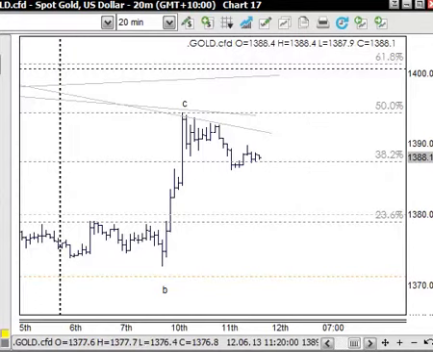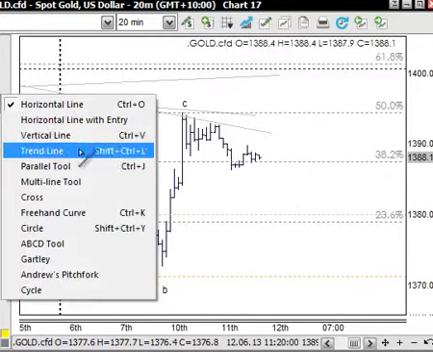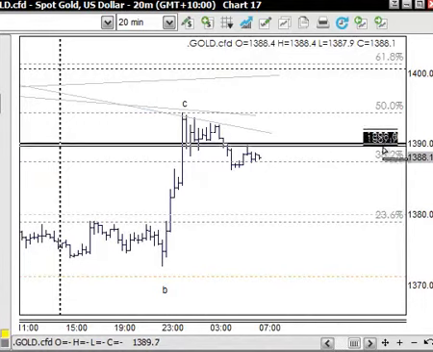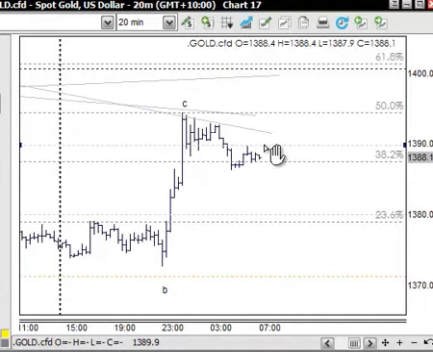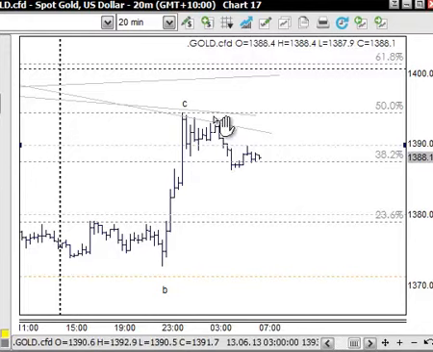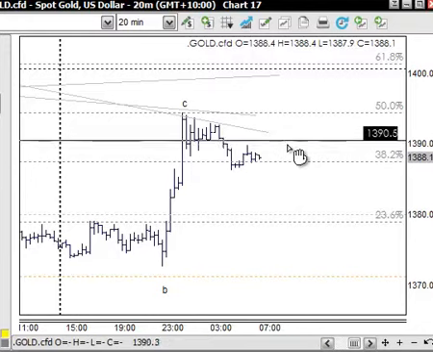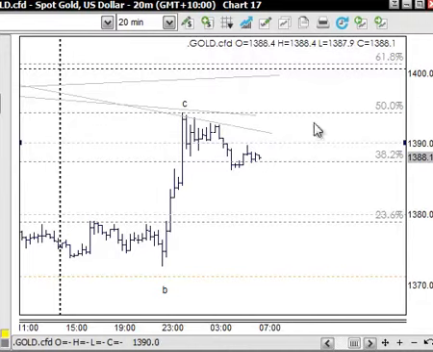If the 1390 here becomes the support, because so far we've got 3 waves here, so it's corrective, then we're going to be retesting the 1400 here, and we'll be looking for this C wave to move up through here.